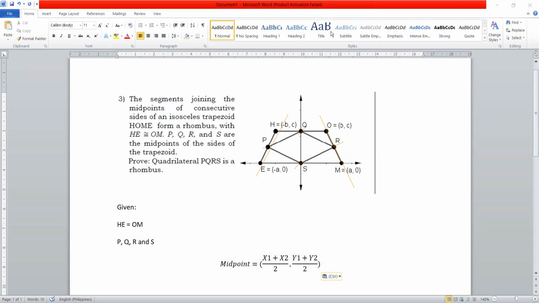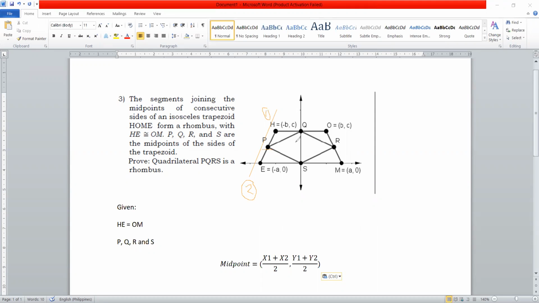Next, we have to identify the coordinates of each of your midpoints. So let's start with point P, which is the midpoint of the line segment HE. So following the midpoint formula, say H is your point 1 and E is your point 2.